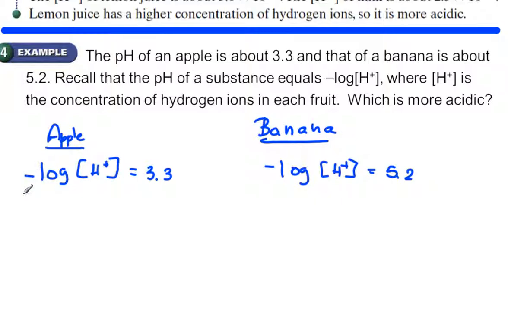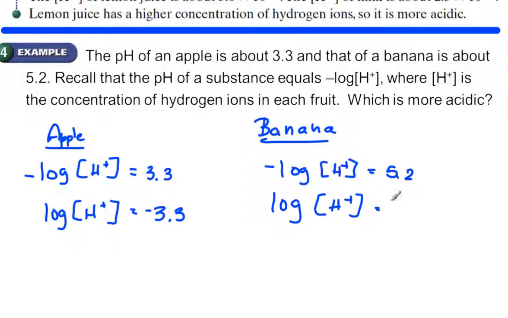We are going to want to convert this to a positive, so we multiply through by -1. So we would have log of H plus is equal to negative 3.3. Log of H plus is equal to negative 5.2.